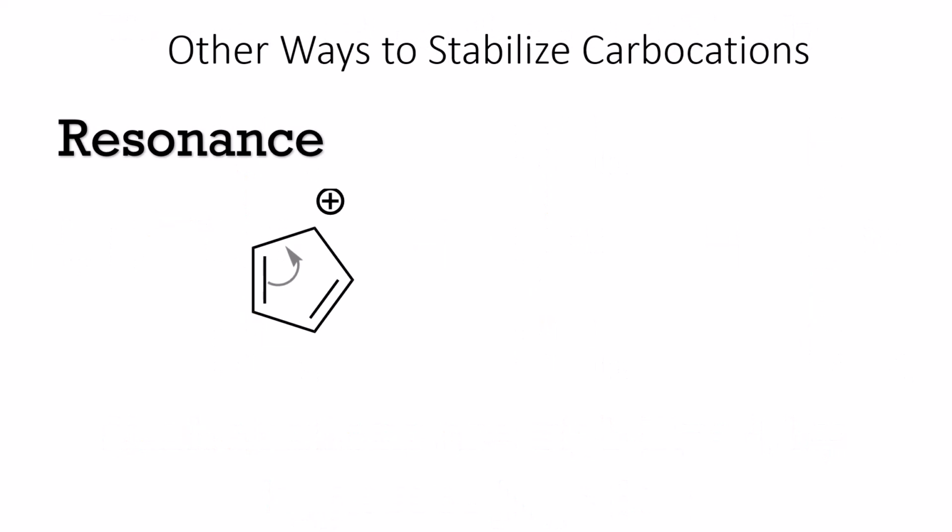You can also stabilize carbocations through resonance. So you see here, this is an allylic carbocation because it's adjacent to an alkene, and the arrow shows that the pair of electrons in that pi bond are moving between these two carbons that I have highlighted. And when that happens, I get a new carbocation, and now the positive charge is on a different atom.